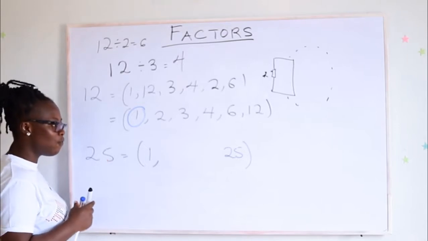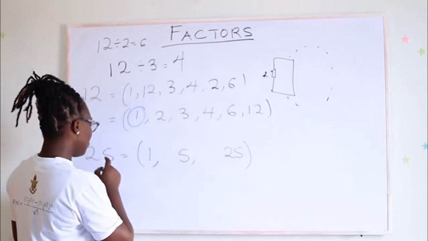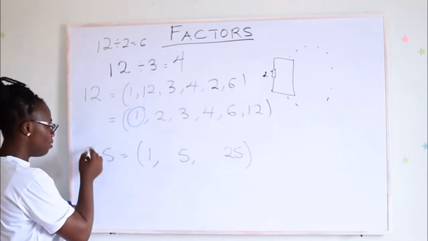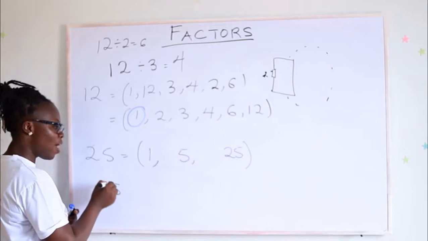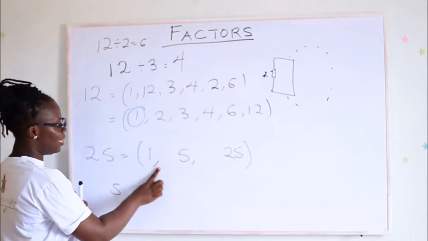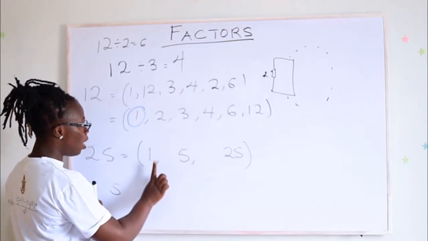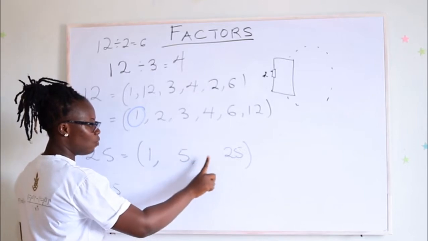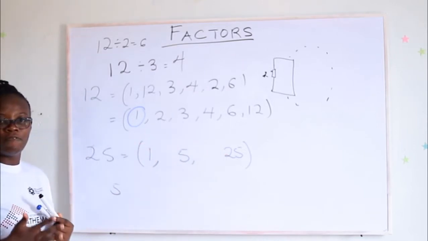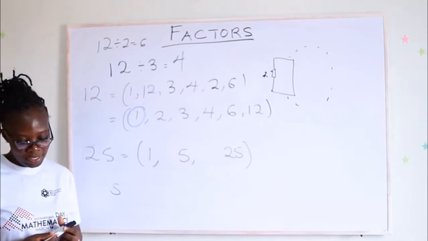But you realize that 5 can divide exactly. So you have 5. If you divide 25 by 5 exactly, what result do you get? 5. So we still have 5. So there we can say that the factors of 25 are 1, 5, and 25.